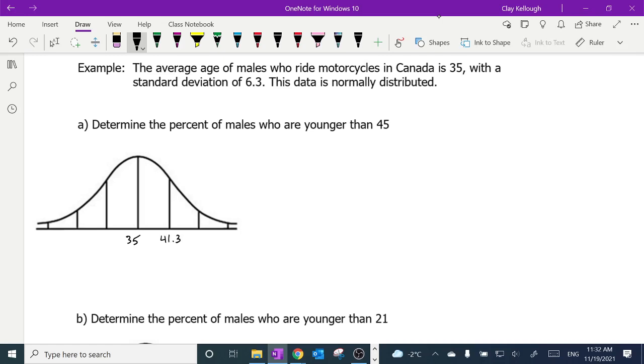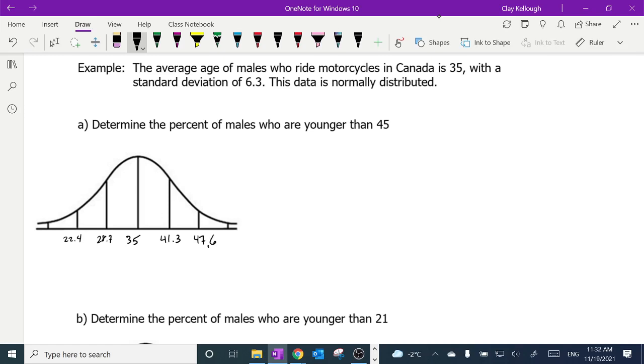Two standard deviations would be 41.3 plus 6.3, which is 47.6. And then let's go back the other way. The other way would be 35 minus 6.3, which is 28.7. And then take away another 6.3, and you get to 22.4. Okay, so there's what the graph looks like.